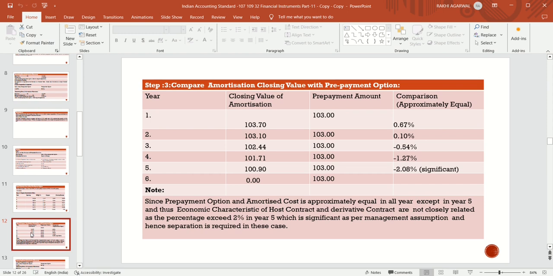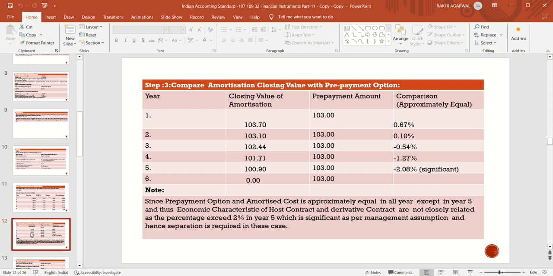So since prepayment option and amortization cost is approximately equal in all the 6 years except in year 5, thus the economic characteristics of host contract and derivative contract are not closely related, because the percentage exceeds 2%, which is significant as per the management decision and as per the guidelines given by the ICAI, that if the percentage exceeds 2% or more, then it will be treated as a significant difference, and these are not closely related, and it requires a separation.